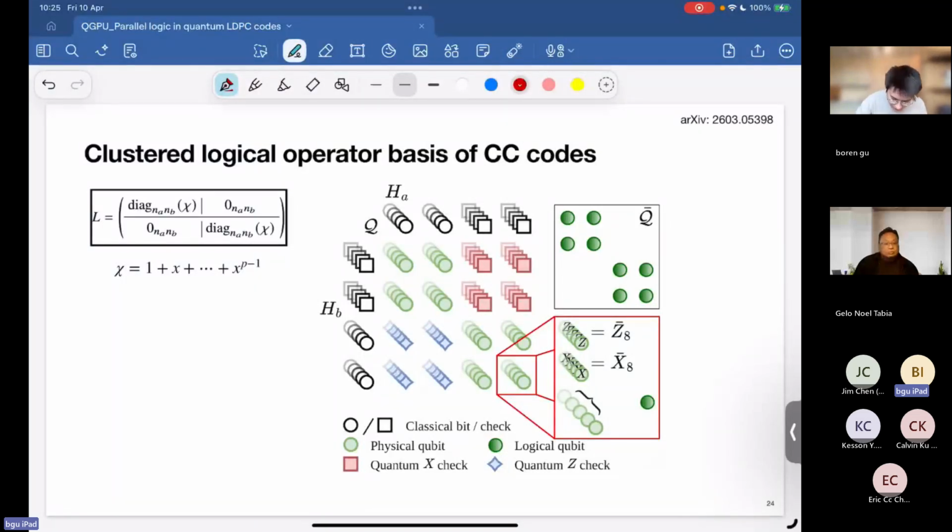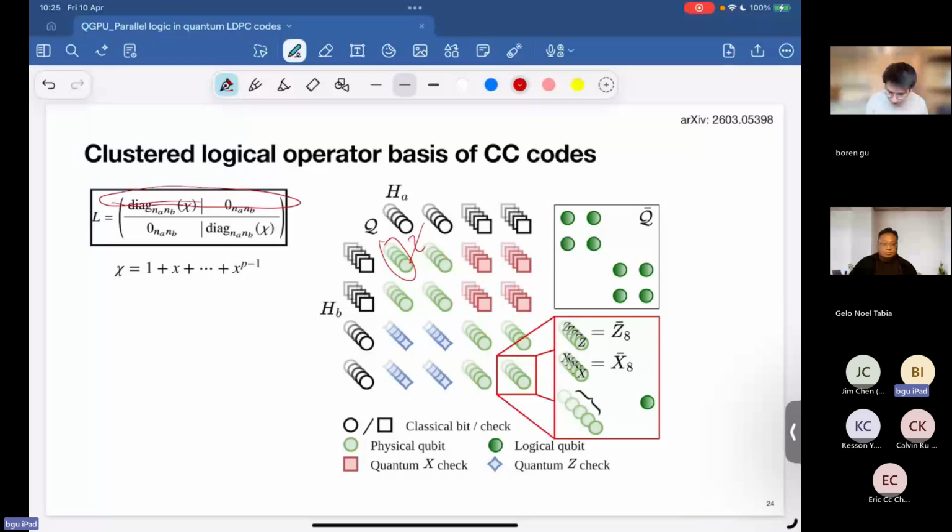So for each cluster, if we consider an operator which has support on a whole cluster, at that cluster in the ring level, it's just a chi. So in such a sense, any row here will just correspond to a single cluster in this Tanner graph.